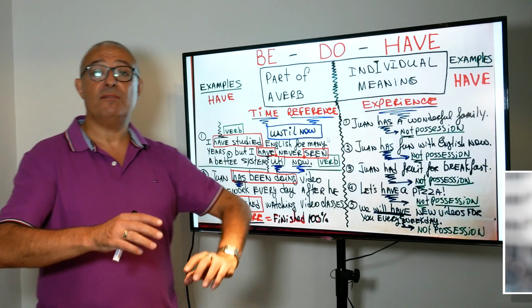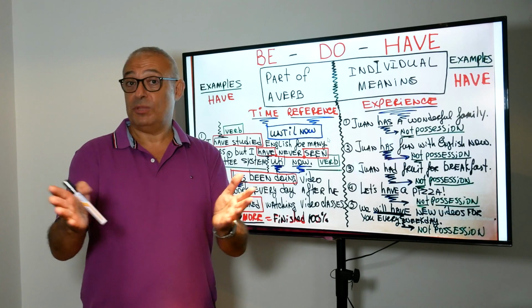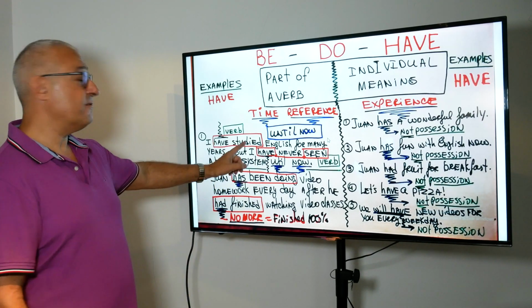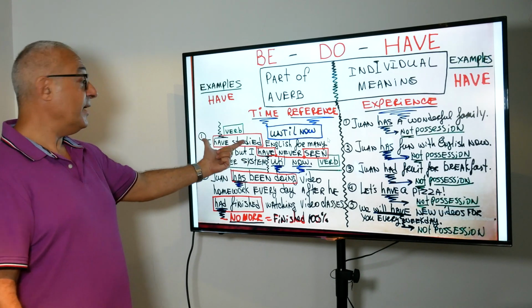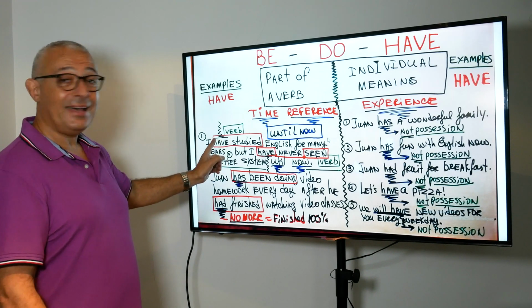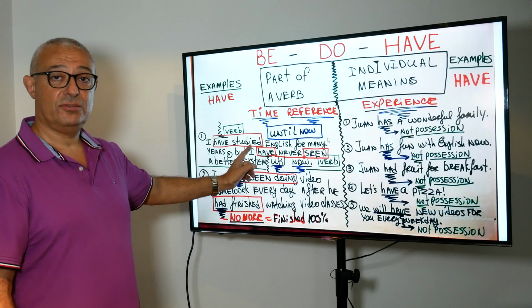So when you say that the verb have is actually a part of a verb, you will ask me, where's the other part? Well, the other part is any other verb in the form of a past perfect. So in reality, have is not a verb. Have is a part of a verb called have studied.